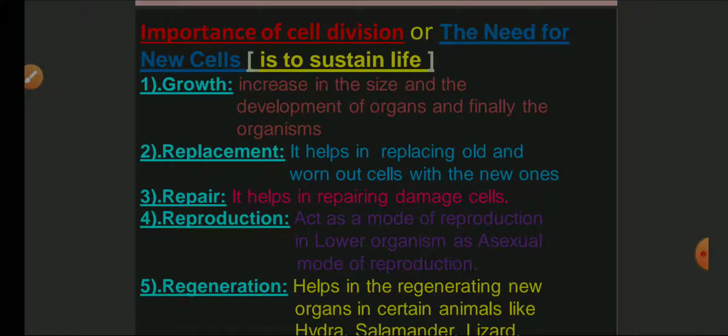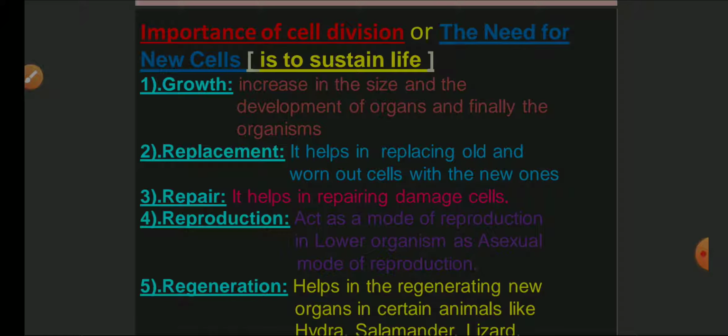Let us begin. Growth: it increases the size and the development of organs and finally the organisms. Baby is small and starts slowly growing, the height increases, organs develop, hands become longer, hind limbs become larger, the face changes. That is growth and development.